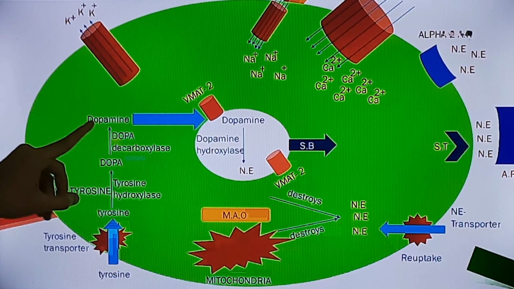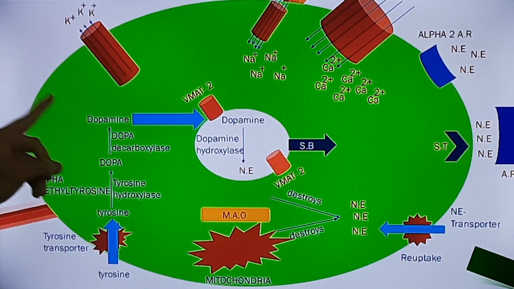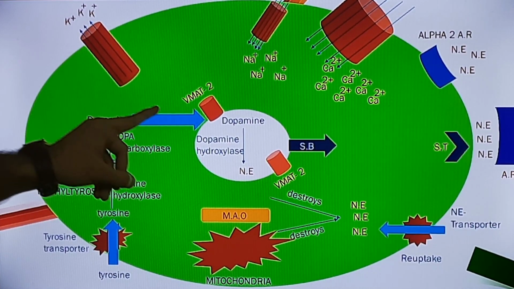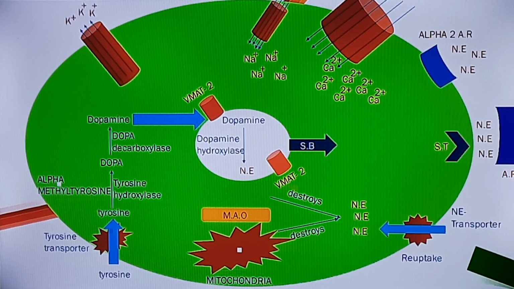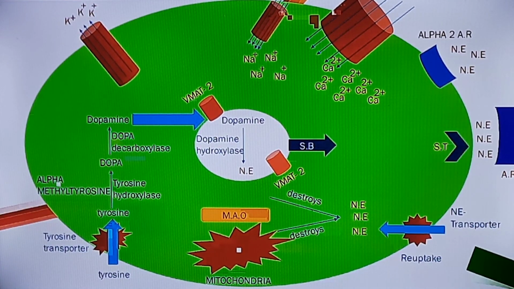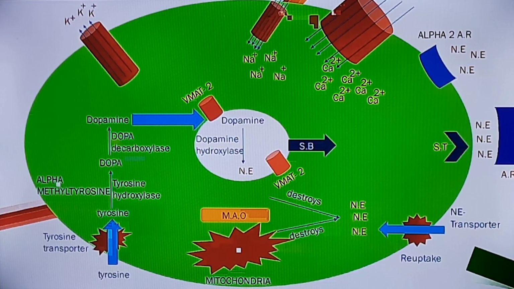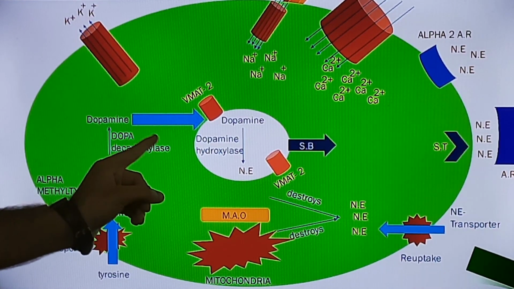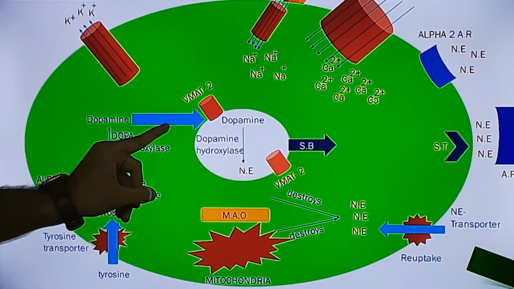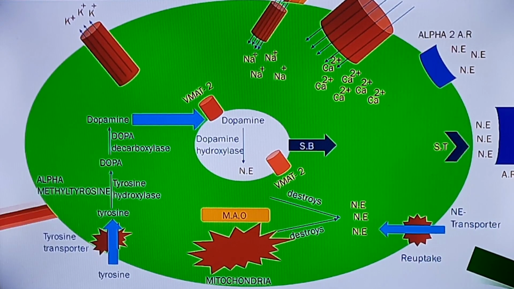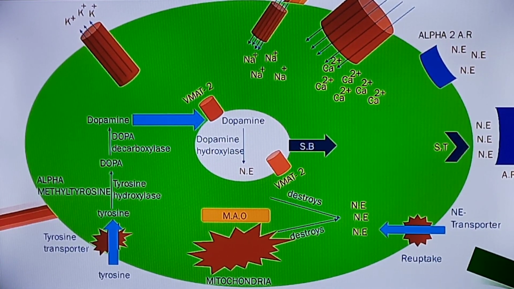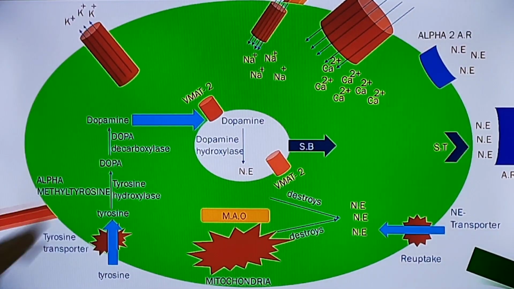So as you can see, this dopamine which was in the cytoplasm of our nerve ending has now entered our storage vesicle. Now in the vesicle we have a very important enzyme, and the name of that enzyme is dopamine hydroxylase. With the help of this enzyme, it will convert our dopamine into norepinephrine, and our storage vesicle will be full of norepinephrine.